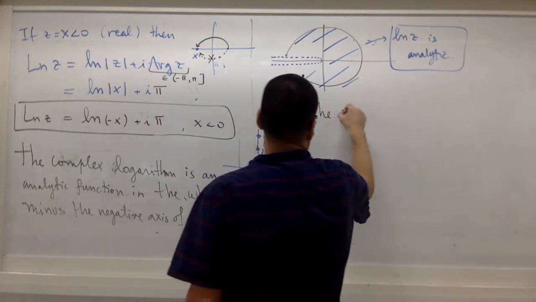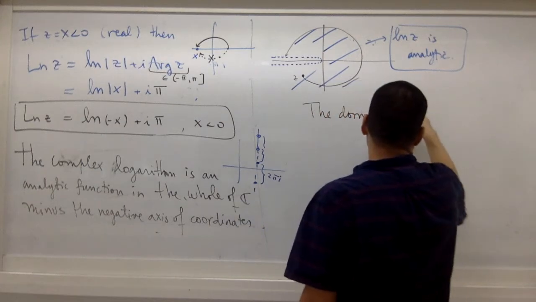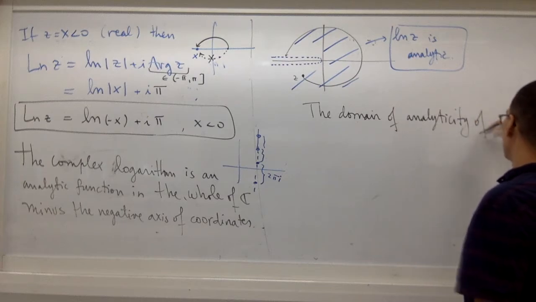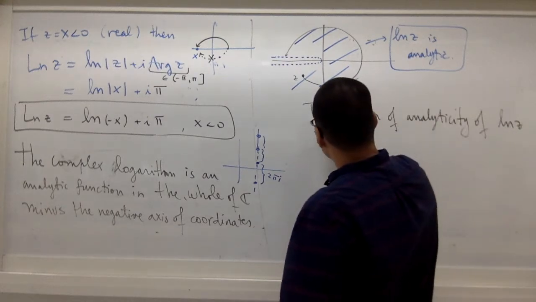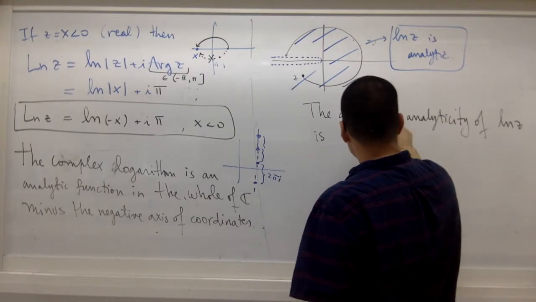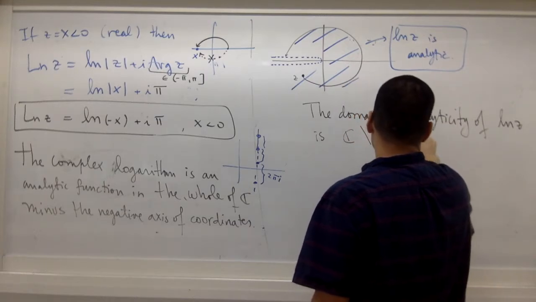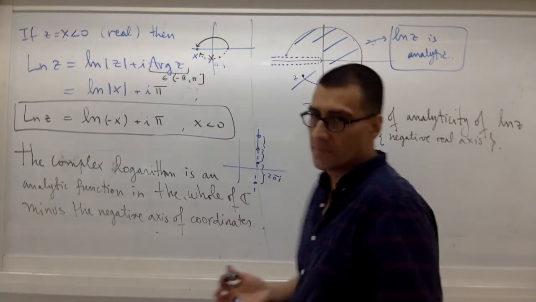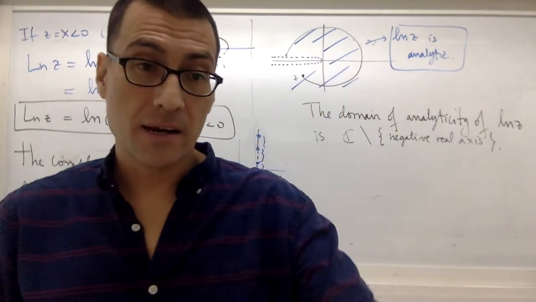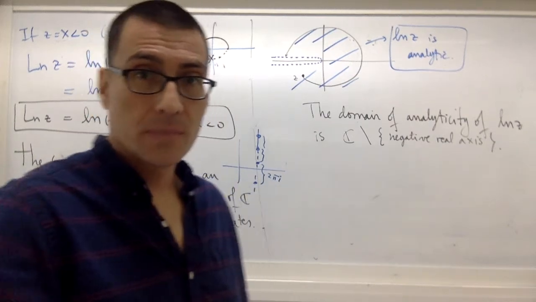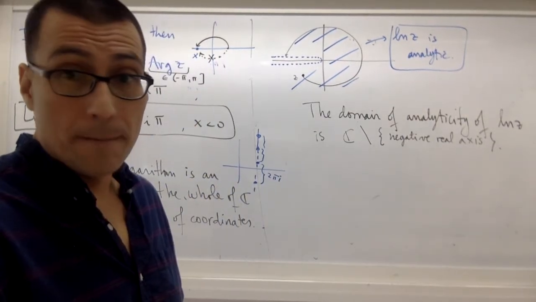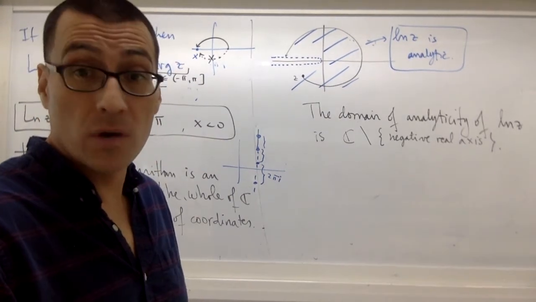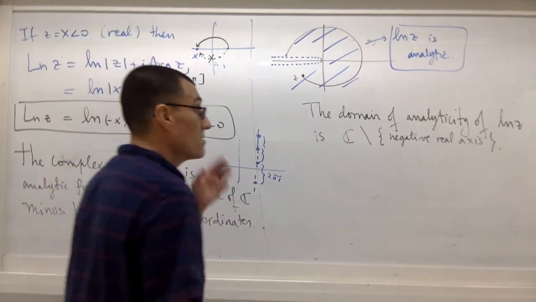The domain of analyticity of the logarithm of z is C minus the negative real axis. So it's analytic everywhere there, on C minus the negative real axis of coordinates.